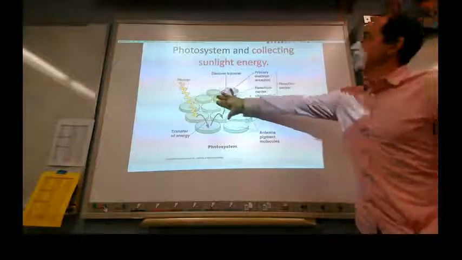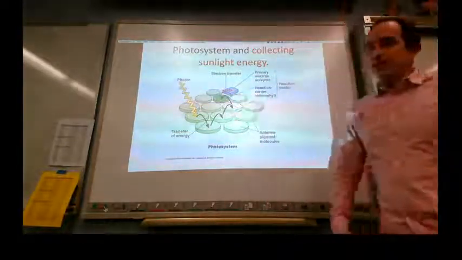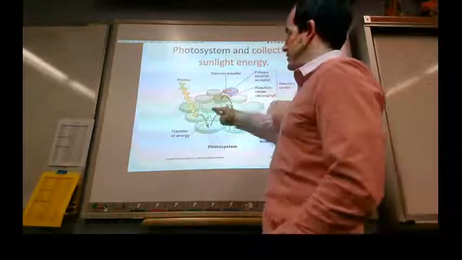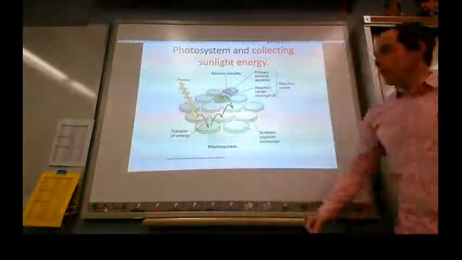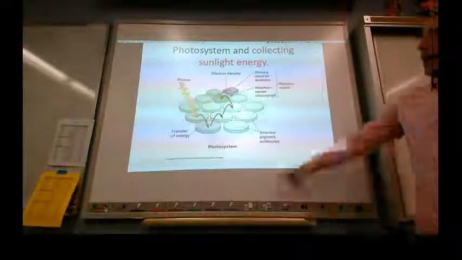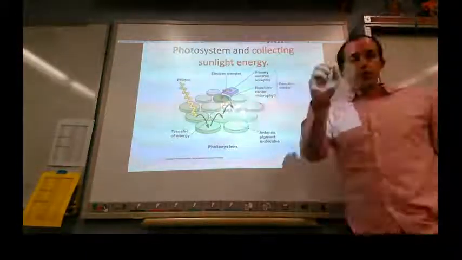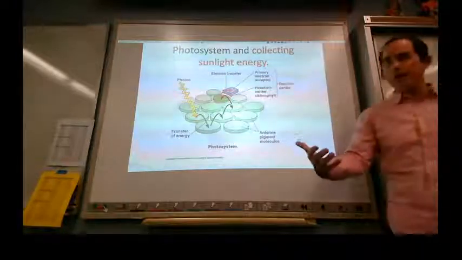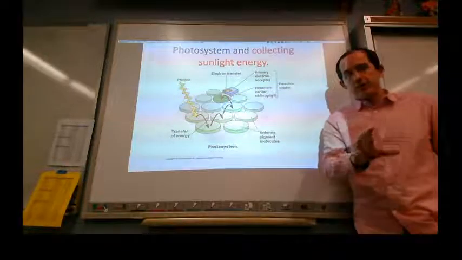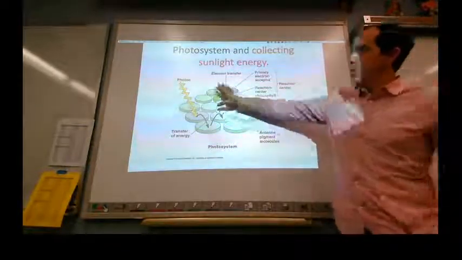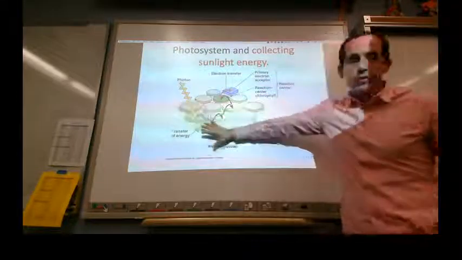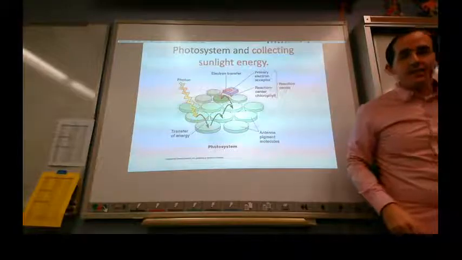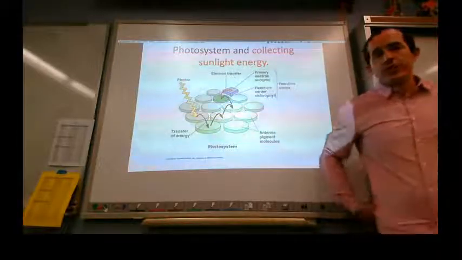So here's ultimately what's going to happen. Here we have these pigments of chlorophyll, and we have the one super important reaction center, or the primary electron acceptor, which we'll see here in a second. Within this cluster of chlorophyll molecules is that magnesium atom that's going to do something with those electrons.